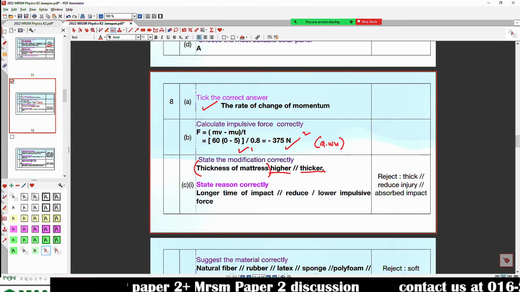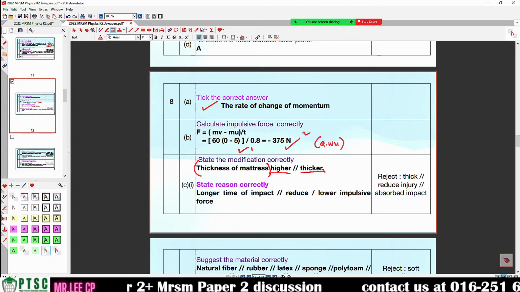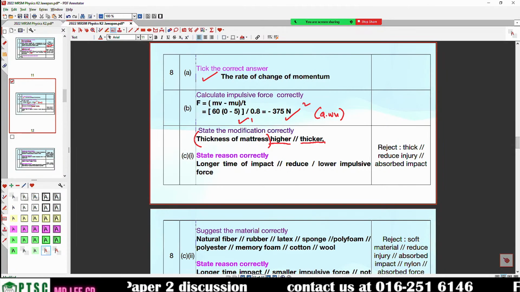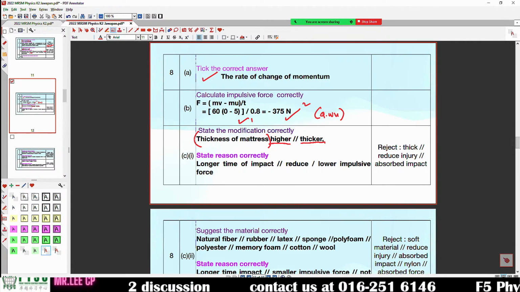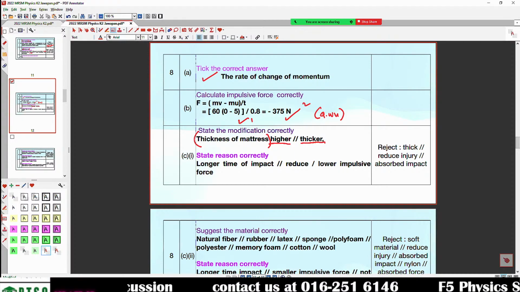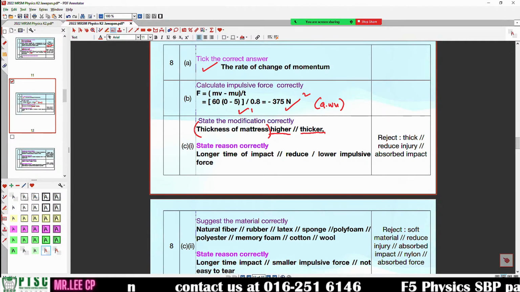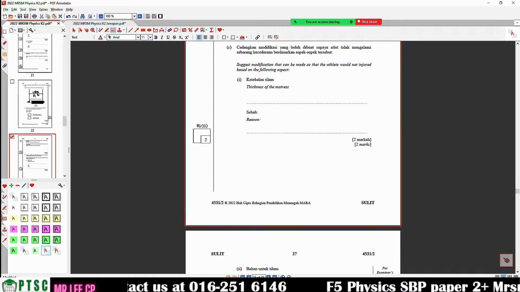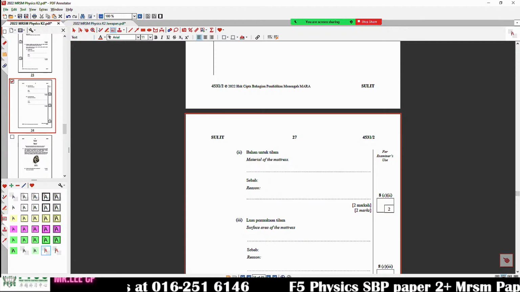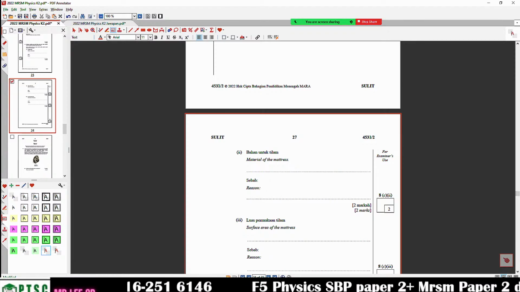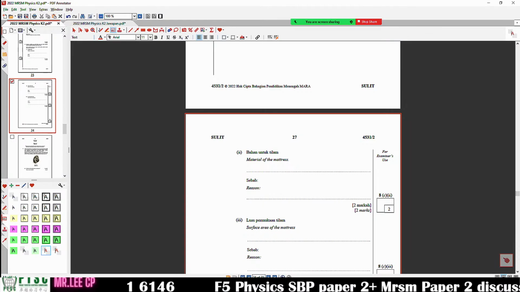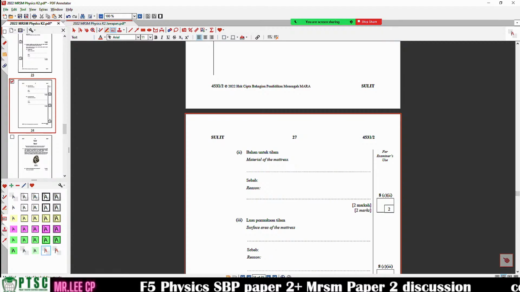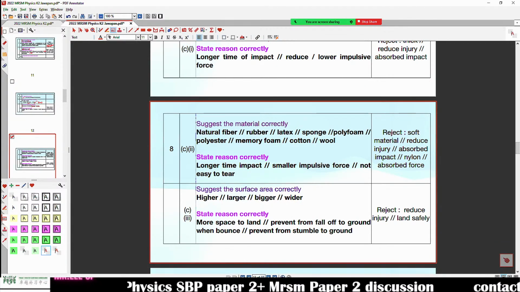They mark you wrong. Very strict. So you have to answer very well. Normally you can get 70, 80, but you come here and get only 50, 60, because they will mark you wrong for small things. The second one, the material. Normally we say soft, but soft is GG.